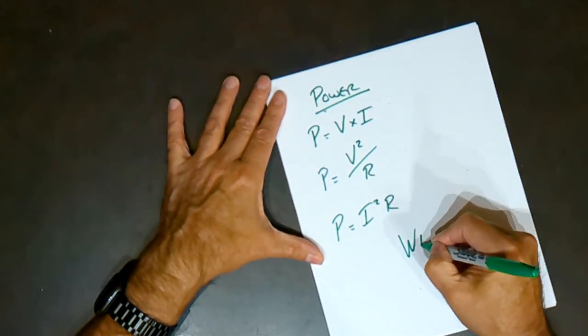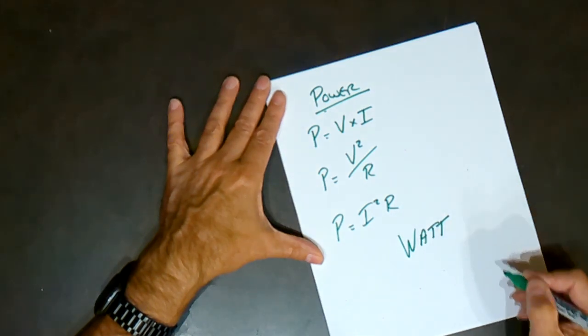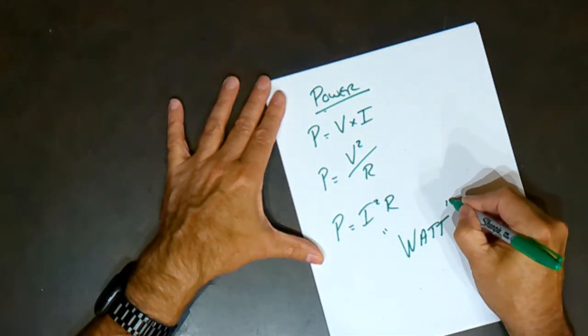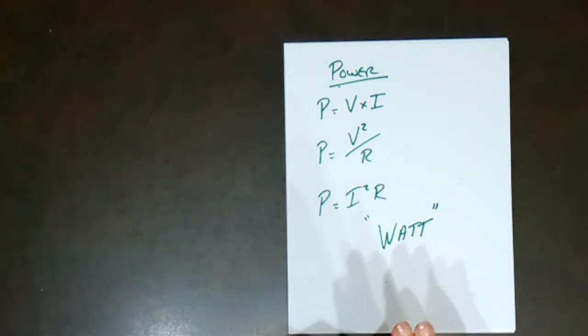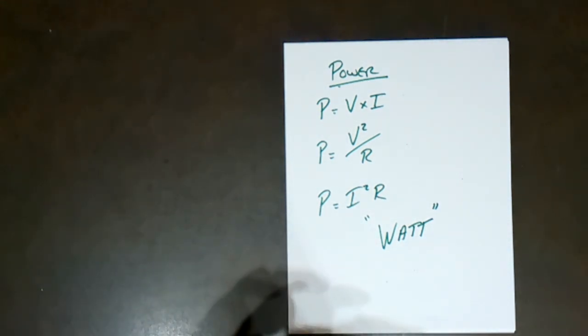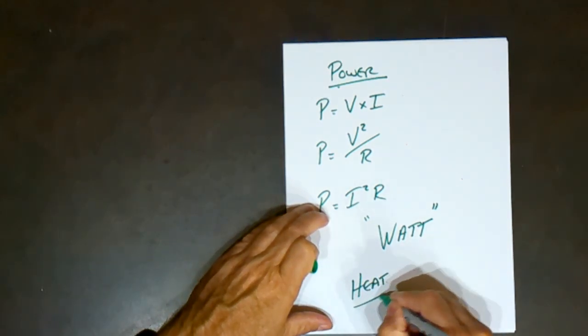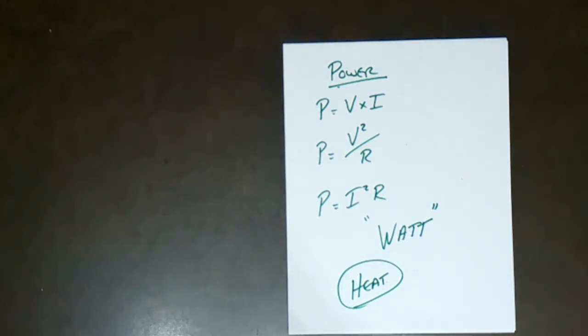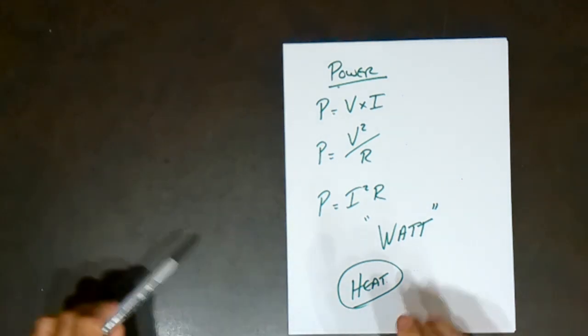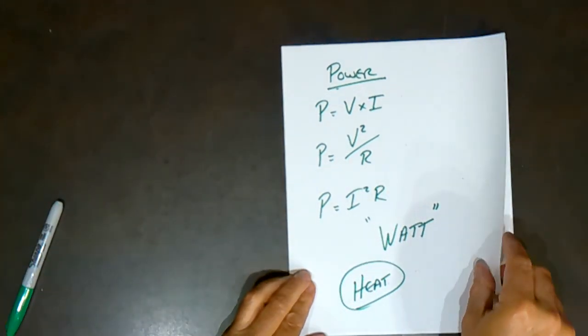The unit was the watt. And that is the electrical energy being dissipated as heat in a resistor. So we looked at that at this point in time as well.